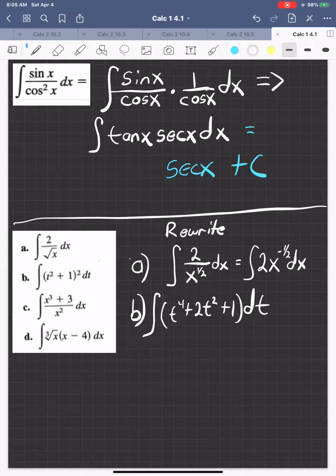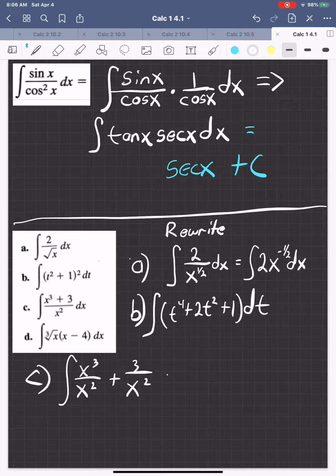For part C, I would break that up as x cubed over x squared plus 3 over x squared before I integrate. x cubed divided by x squared is just x, and this would be plus 3 over x squared, which is the same thing as 3 times x to the negative 2.